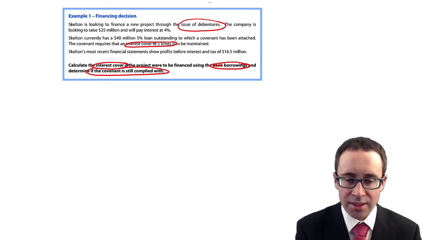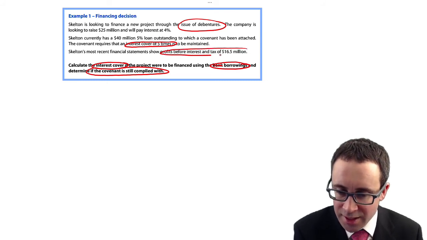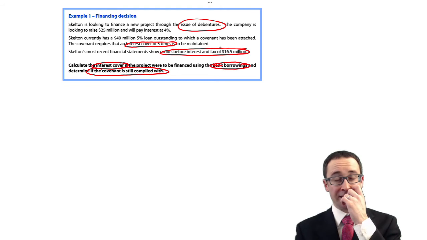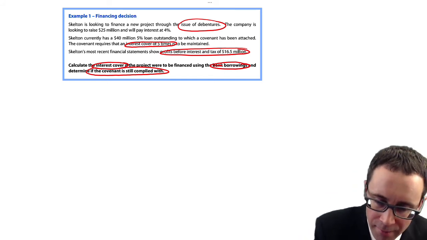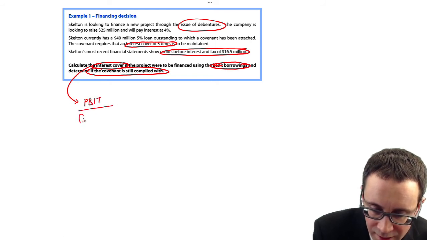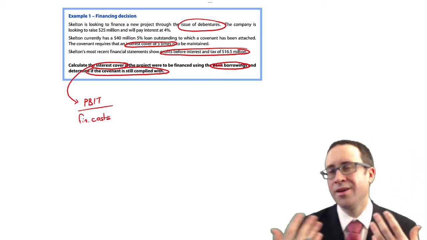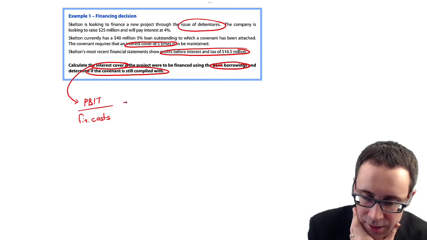Skelton's most recent financial statements show profits before interest and tax of 16.5 million. I've been simple here, just giving you the right profit figure. The exam could give you different profit figures to use. Remember the key bit is that your interest cover is PBIT divided by your finance costs, your net interest expense.